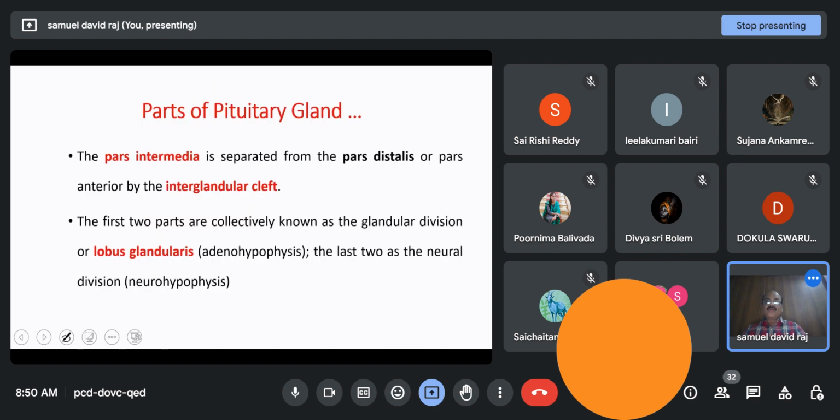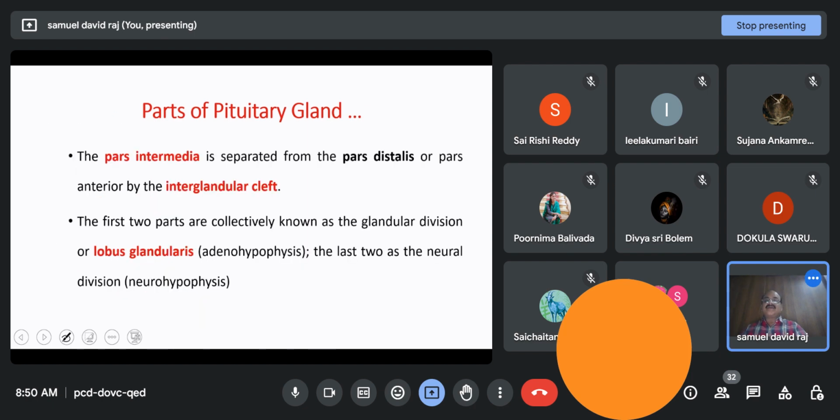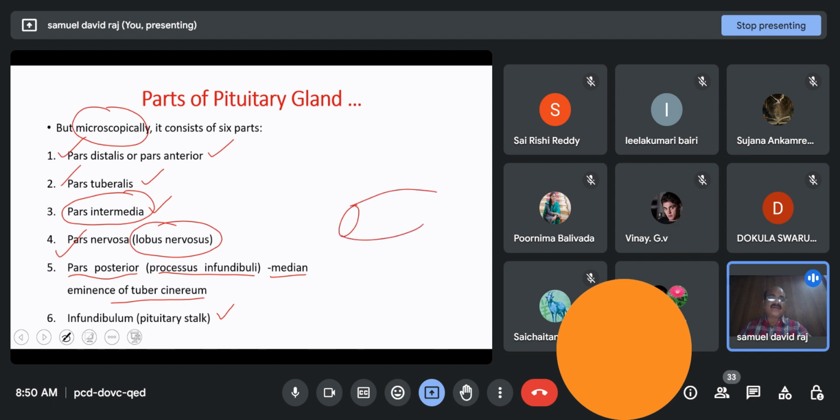Coming to another thing, we have seen there is pars distalis, pars tuberalis, pars nervosa, and in between there is pars intermedia. Scientists say that the pars intermedia is separated from the pars distalis by a cavity called the interglandular cleft. We have seen that from the roof of the buccal cavity, Rathke's pouch arises and meets the neural downgrowth from the floor of the hypothalamus, and soon it gets separated.